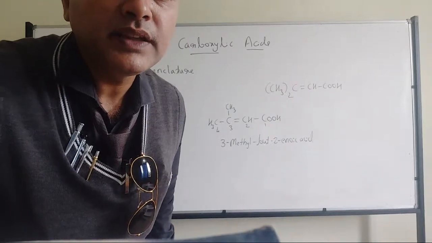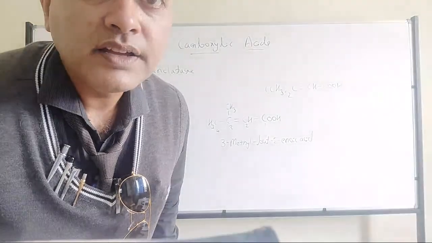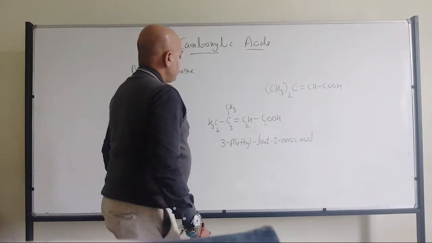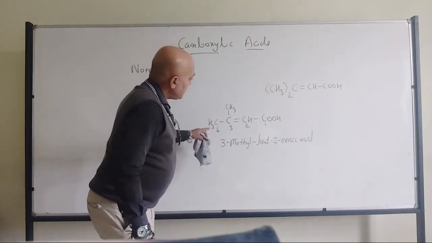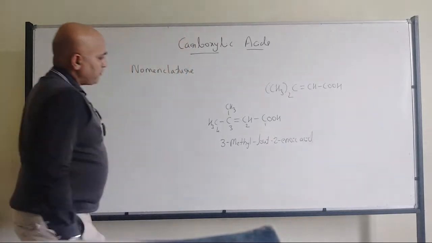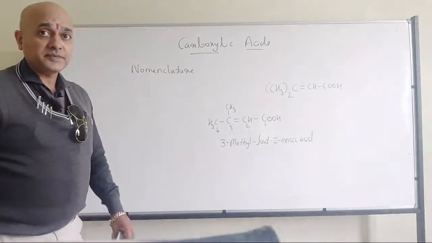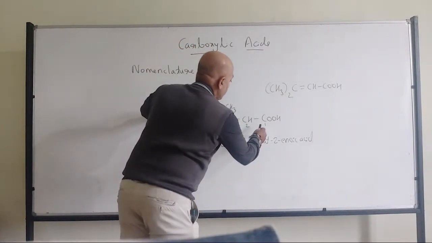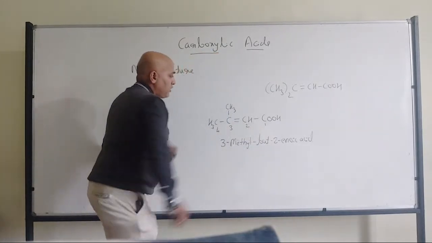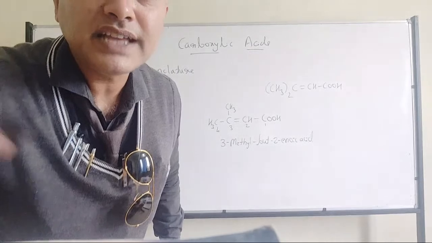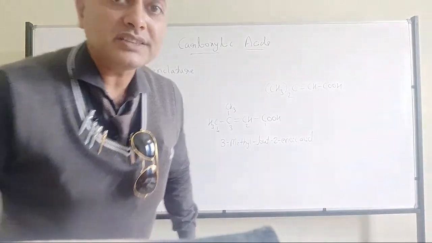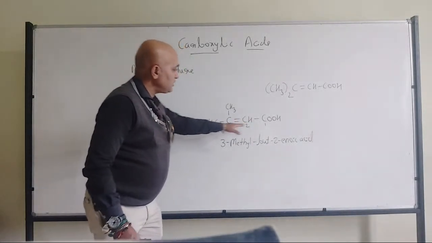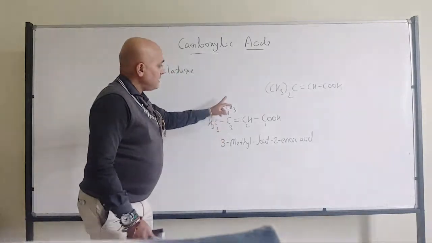2-isopropyl ethanoic acid. Okay. So yes, it should be isobutyl, not isopropyl. Because 1, 2, 3, this is isopentyl actually. If you take it as the backbone, why are you taking ethanoic acid as the backbone? No, Archit. Ethanoic acid cannot act as the backbone here, because we have a linear chain of 4 carbons and there is a branch.